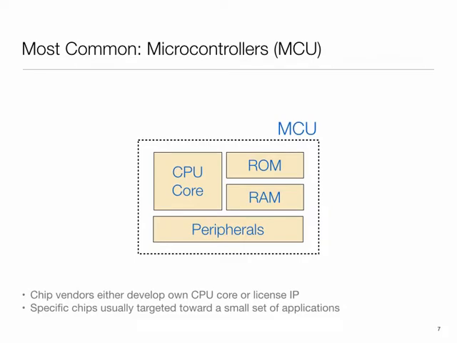Okay, most common for IoT type embedded systems, this tiny stuff being used in IoT, is to use so-called microcontrollers. Microcontrollers are basically a CPU combined with ROM, RAM, and peripherals all on the same chip, so that all you potentially need to do is hook up sensors, actuators, and stuff like that around it.